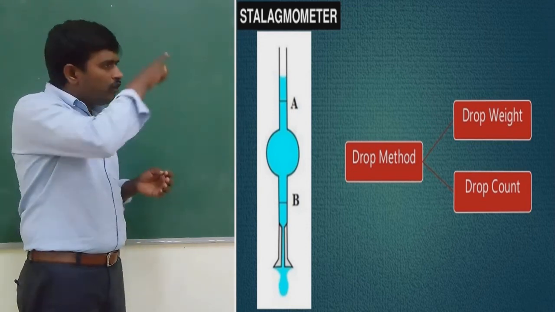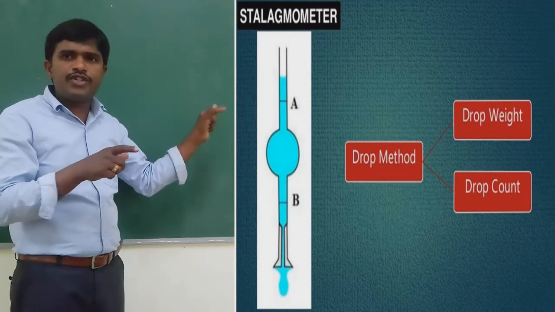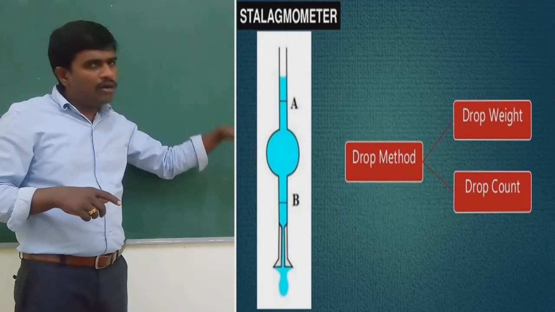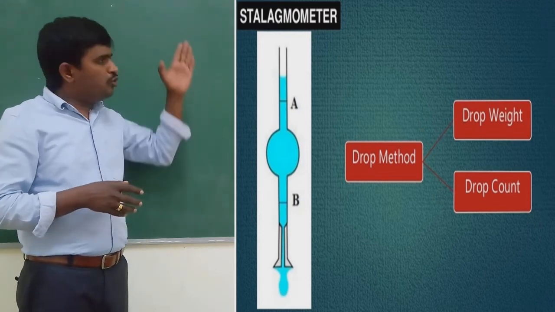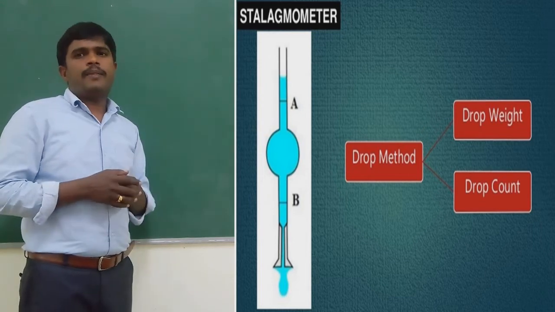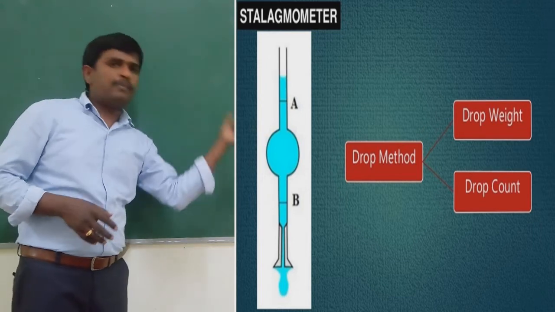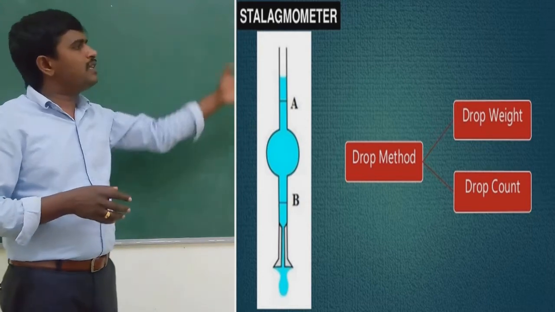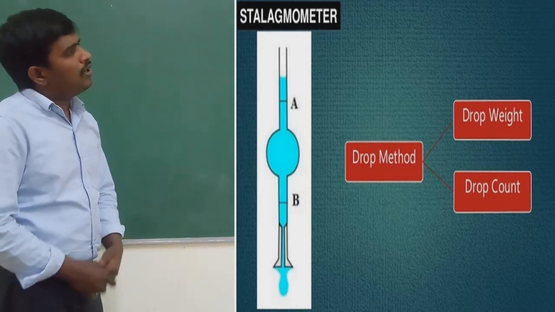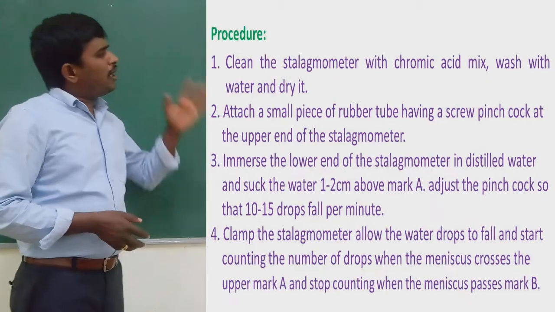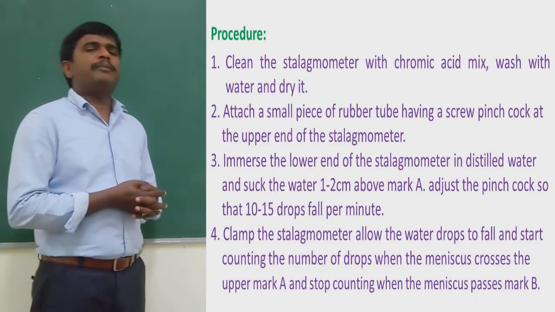There is an orifice through which liquid falls from the tube of the stalagmometer in the form of a drop. So this is the description of the stalagmometer. Now, the procedure for this experiment.